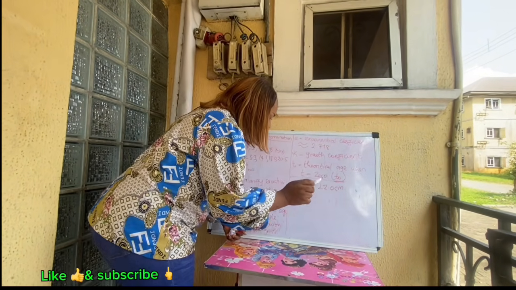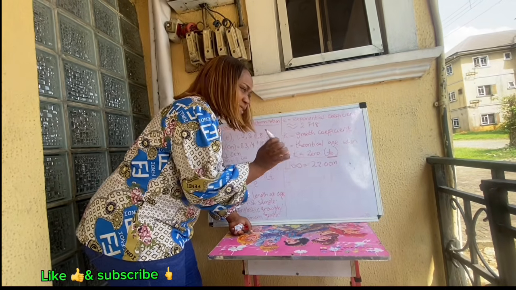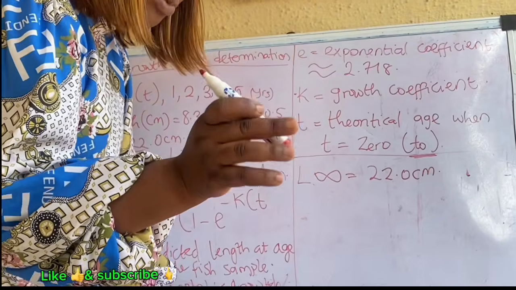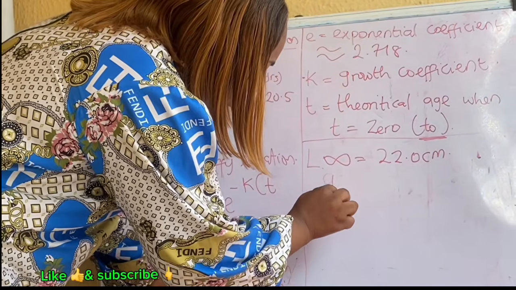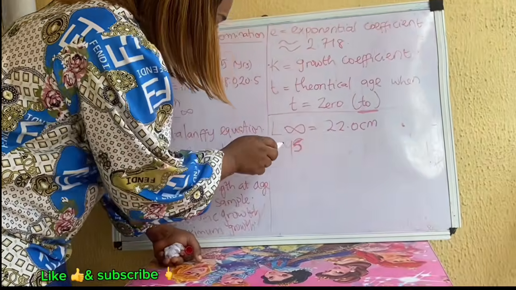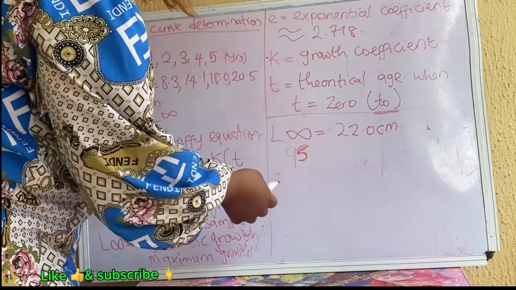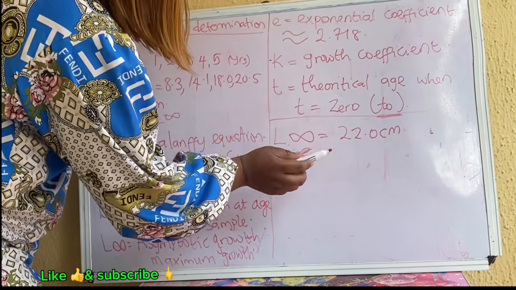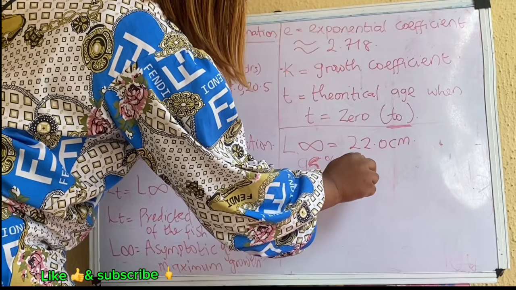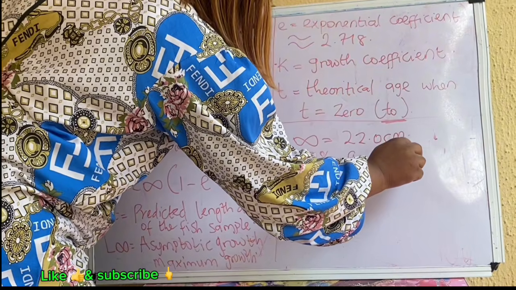For you to get 95%, what you do is 95 divided by 100, you have 0.95.